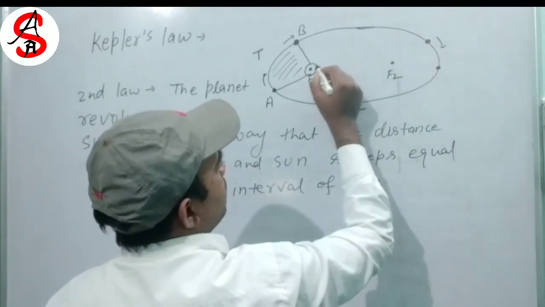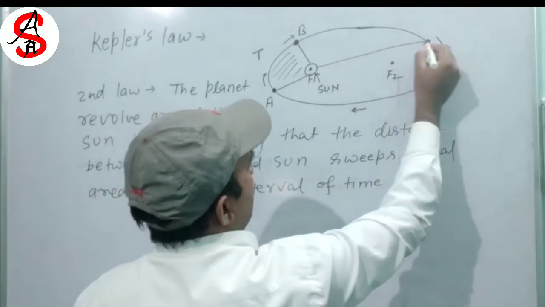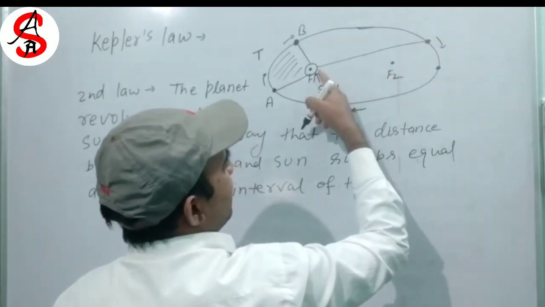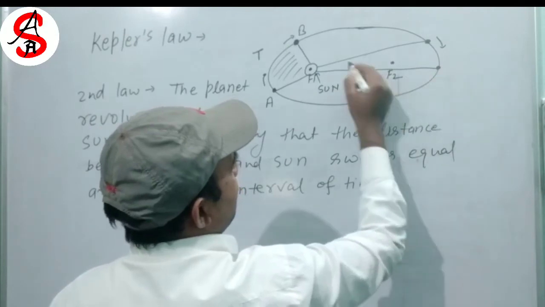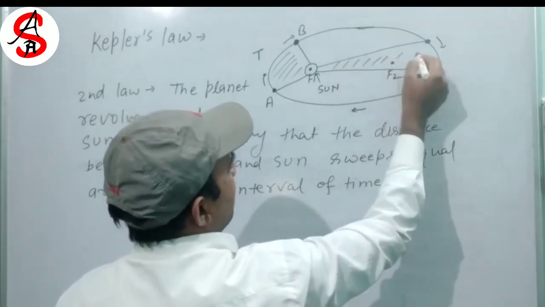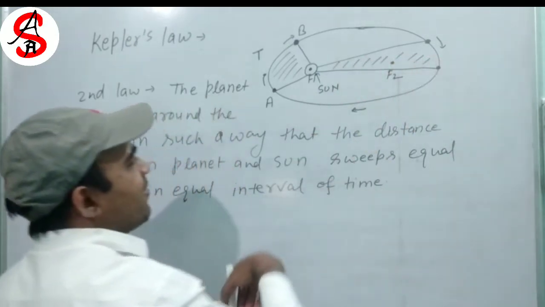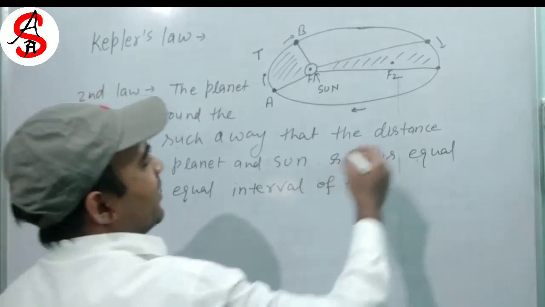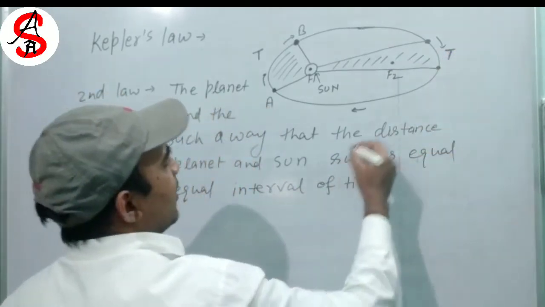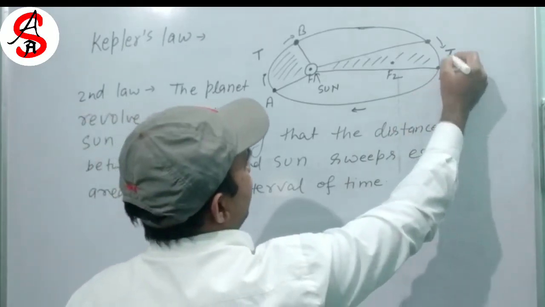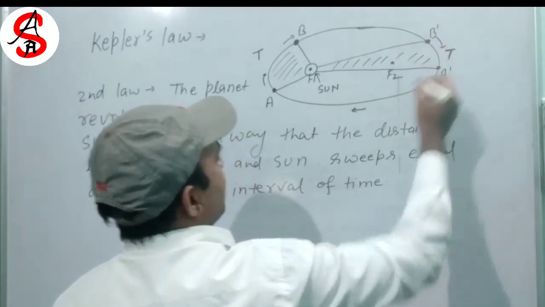So now the line joining the planet and the Sun is this. It will sweep an area, this is the area, and it will take time t, and the position is A dash B dash.